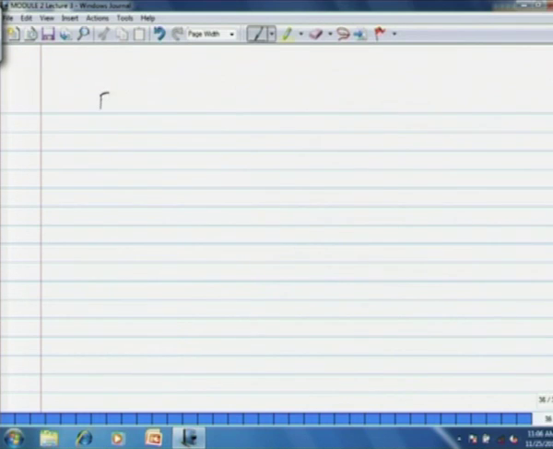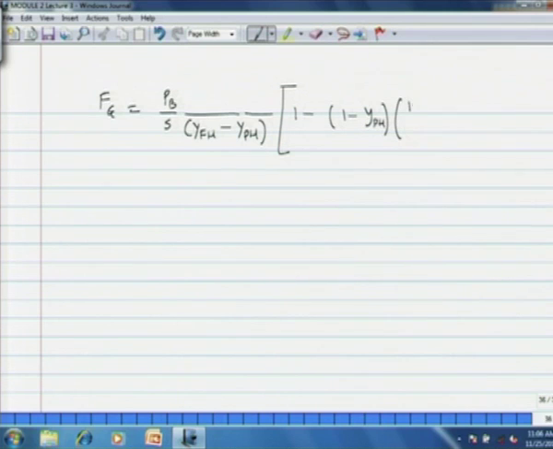It was Fg is equal to Pb by S divided by YFH minus YPH into 1 minus YPH into 1 minus S by 2. The derivation of this equation was already discussed in the previous lecture when we studied the input output structure, so I am now borrowing this expression directly.